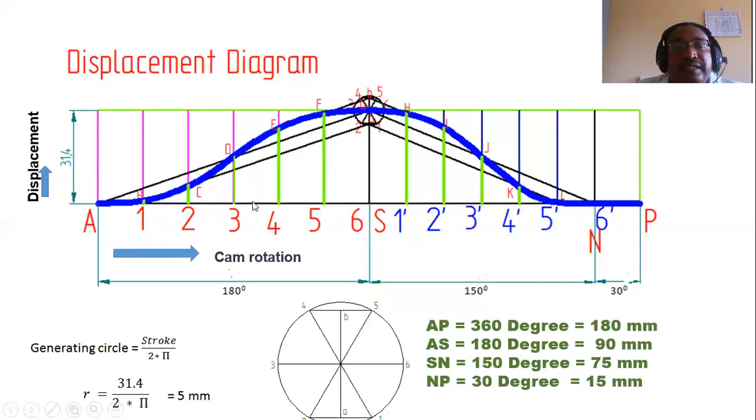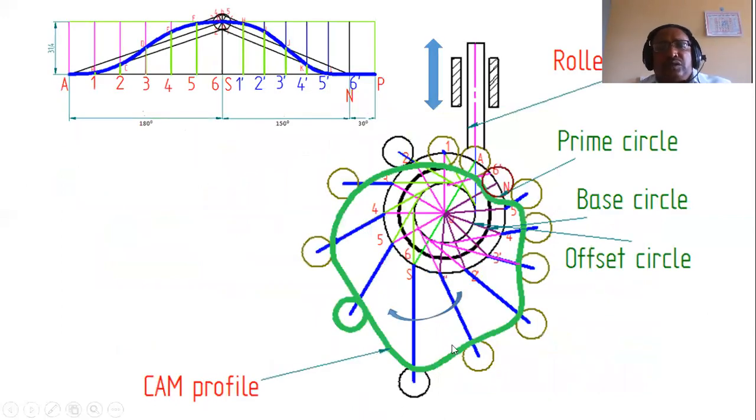By using this displacement diagram, it is required to draw the cam profile. Once you have drawn this displacement diagram, it is not required to repeat it again. So using this displacement diagram, on the right side we draw the cam profile.